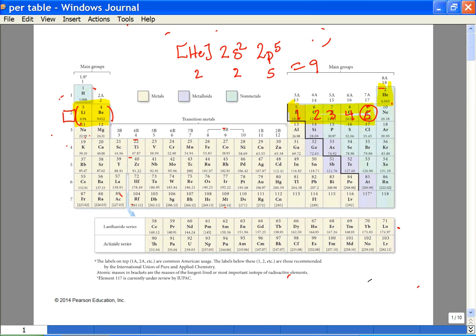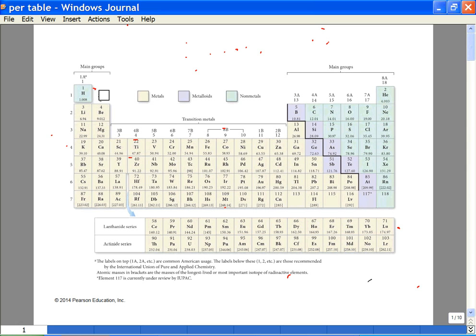I'm going to do a couple of the ones off of number 46. Let me erase this first. All right, so for number 46, it asks us to use the periodic table to determine the correct element corresponding to each electron configuration that it lists.